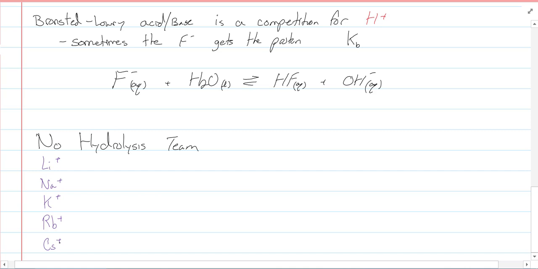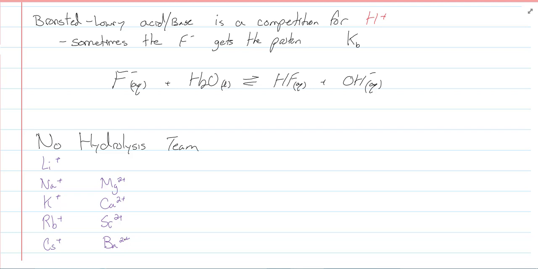Of course, francium and radium, we're not going to play with radioactive ions. We're just not. Magnesium, calcium, strontium, barium. Those metals, group 1 and group 2. Now, I did not include beryllium, and I won't give you beryllium.